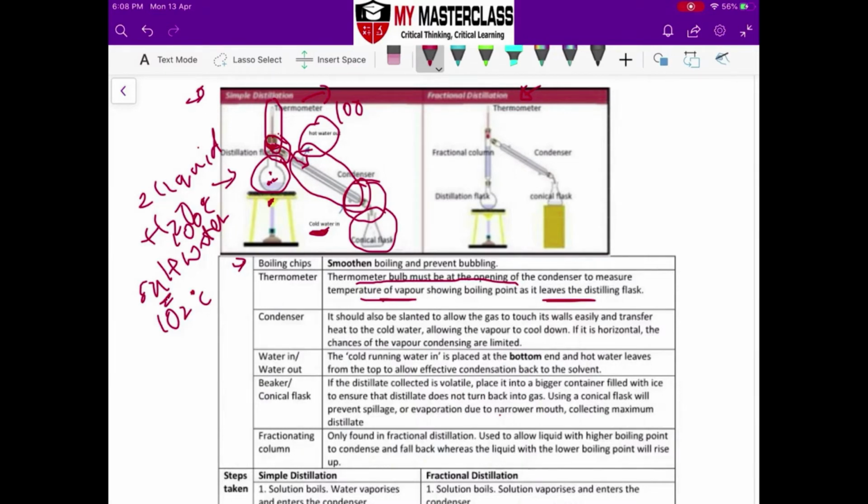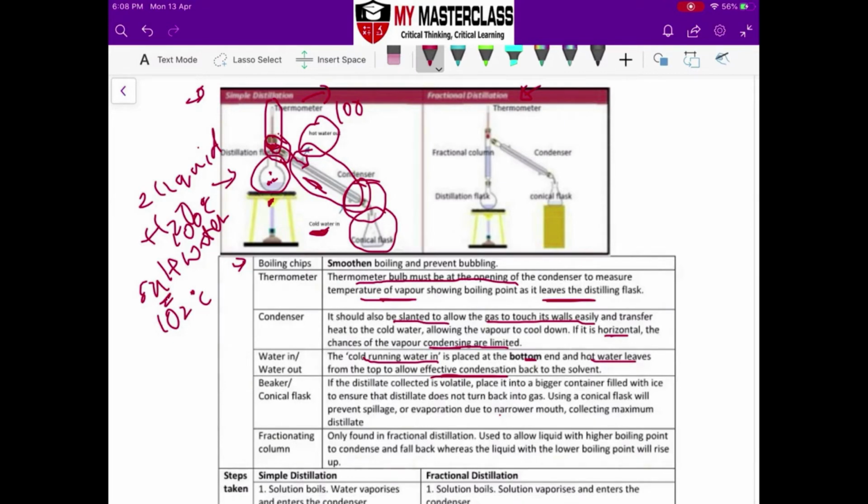Another thing to note is my condenser must be slanted, to allow the gas to touch the cold walls easily so that condensation can take place effectively. If it is horizontal, the condensing is limited. We must know that the cold water coming in must be at the bottom, and the hot water will be constantly pumped out from the top.